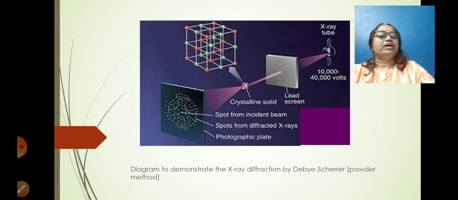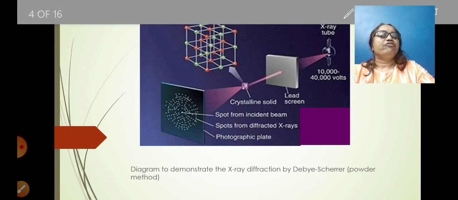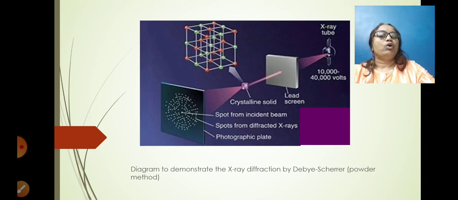Here is a diagram to demonstrate X-ray diffraction by the Debye-Scherrer powder method. Here we can observe the X-ray tube of high voltage, say 10,000 to 40,000 volts, produced from this CRT tube. Then we have a screen here, from which a monochromatic X-ray beam falls on the crushed crystalline solid, a KCl cubic crystal.